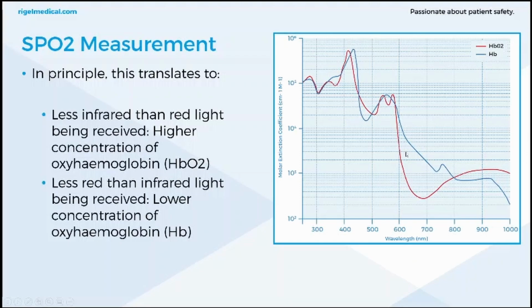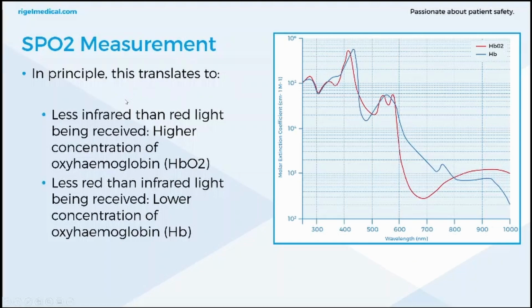So deoxygenated hemoglobin, we can see that red light is being absorbed more compared to infrared light. Whilst infrared light is absorbed by oxyhemoglobin, or HbO2, and this is your oxygenated blood cells. Now the ratio at which light is being received can therefore provide an indication of the level of oxygenation.